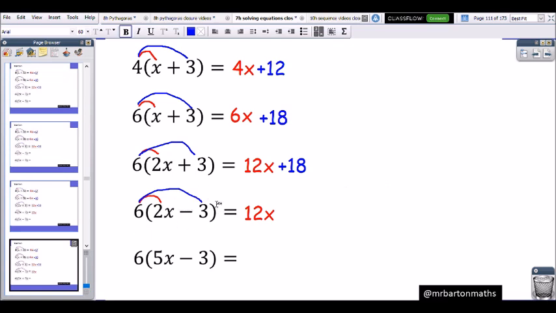A positive number times a negative number gives me a negative number, so it's 12x minus 18 is my solution. And then the last one, 6 lots of 5x gives me 30x, and then 6 lots of negative 3 gives me negative 18. So that's how we expand a set of brackets.